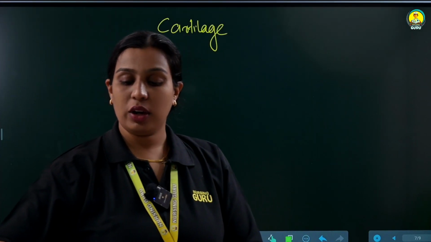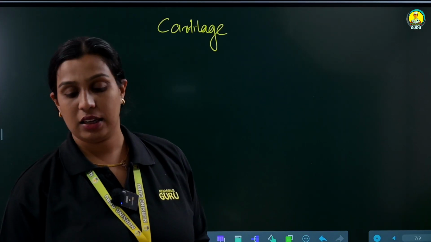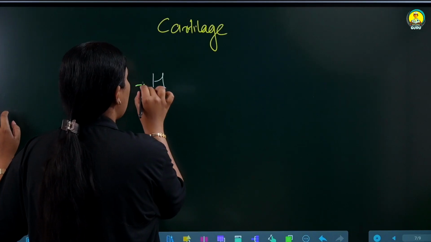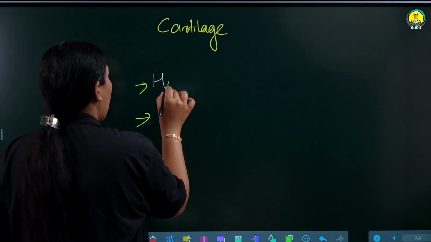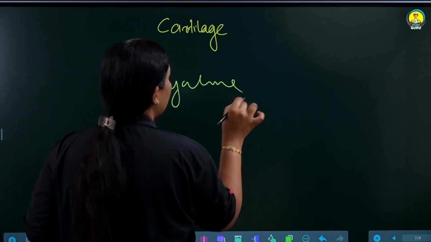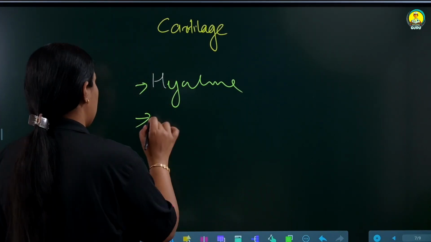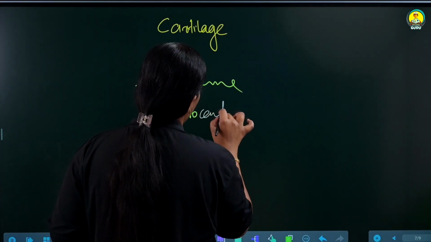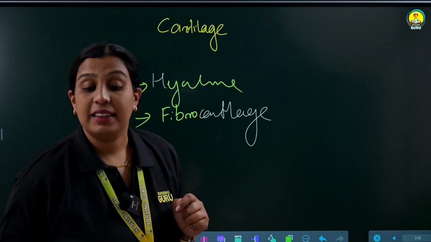So when we are talking about cartilage, we know that three different cartilages are there. What are they? First, I will write here. First is, it is starting from H. What is that? That is hyaline cartilage. Second type of cartilage is fibrocartilage. What is the third one?